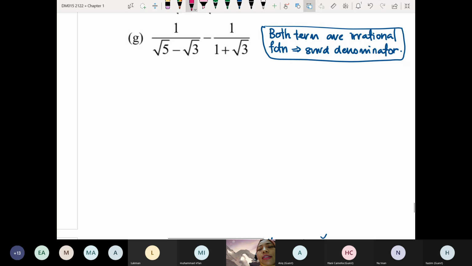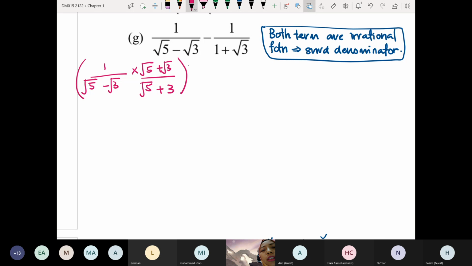Okay, so after seeing that we are given two irrational functions, we have to make them rational one by one. Let me rewrite: 1 over root 5 minus root 3, conjugate with root 5 plus root 3. Settle that part.